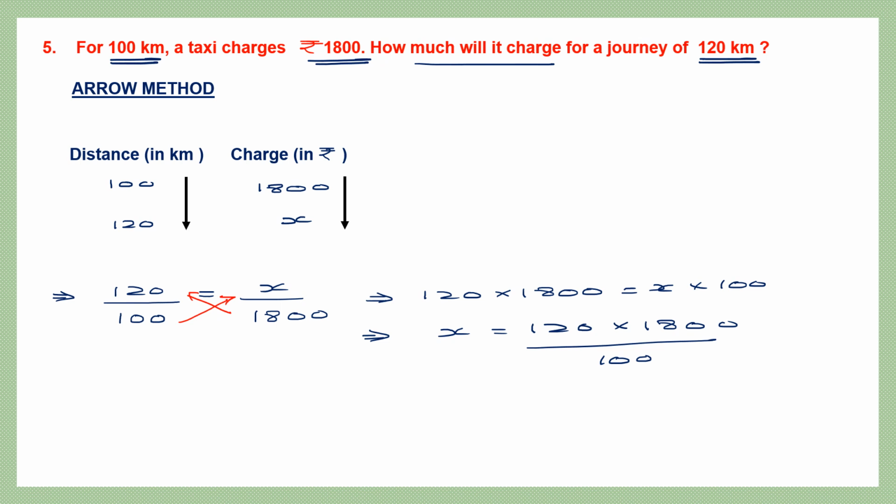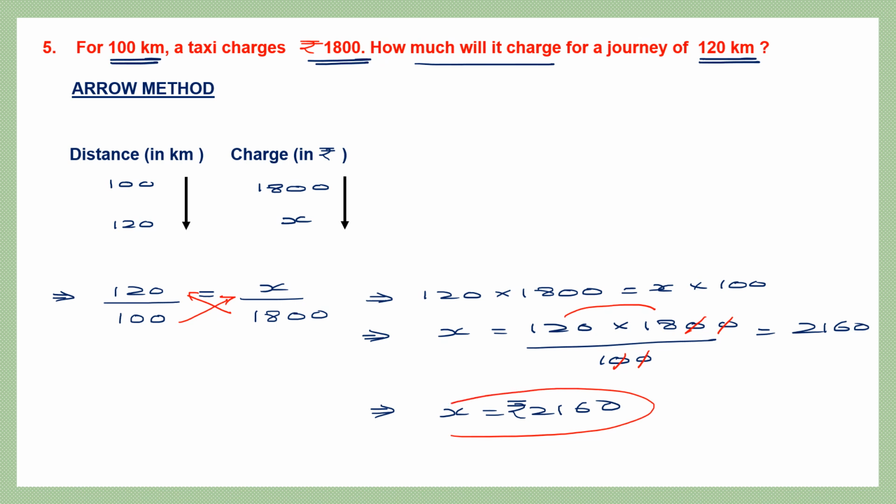Okay, so let's cancel. We can cancel the two zeros here and multiply 120 into 18. That is equal to 2160. So we have found the value of x. X is equal to 2160. And what is x? X is the charges in rupees. So let's write our unit also. So this becomes 2160 rupees, which is our answer.